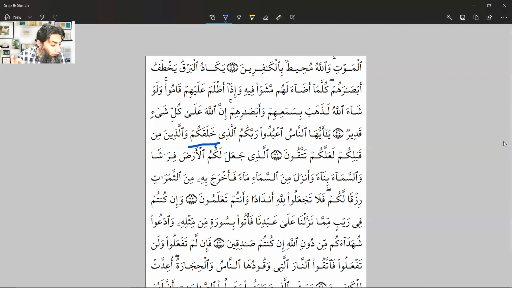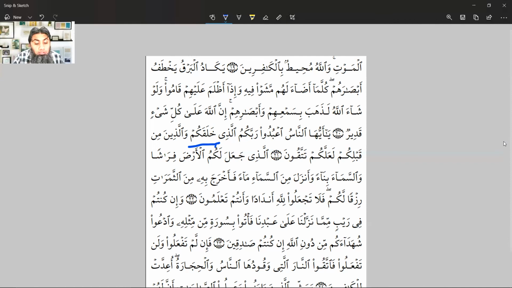Then fa'tu bi suratin min mislihi, and because that waw connects this with the previous one, the jawabu shart part is up to dunillahi: fa'tu bi suratin min mislihi wad'u shuhada'akum min dunillahi. That was the jawab, and then in kuntum sadiqin, this in is another adatu shart.